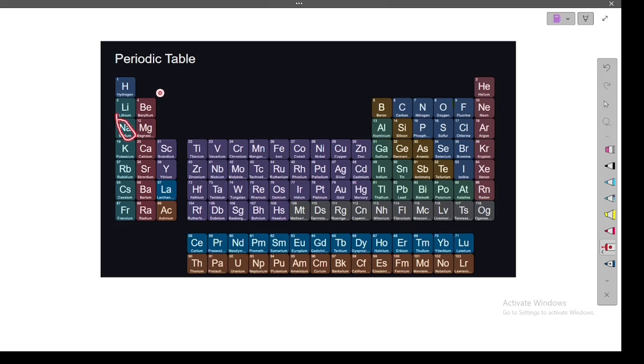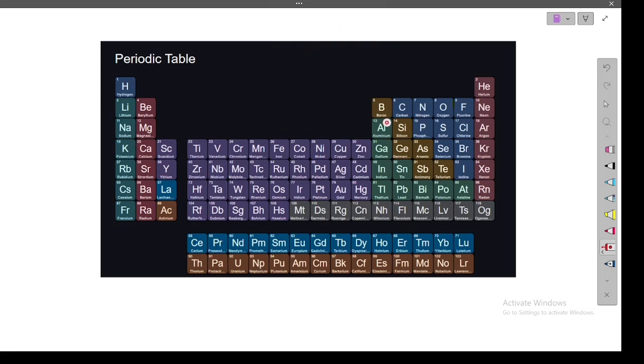And what is the electronic configuration for that? It has 11 electrons. So the configuration will be 2, 8, and 1. So we can see the outermost shell has only 1 electron.